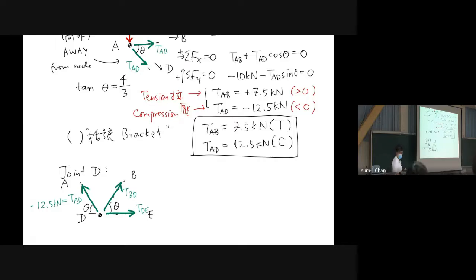It's okay. Now from here we can write summation Fx equal to 0 and summation Fy equal to 0. And then you do the rest. Okay.